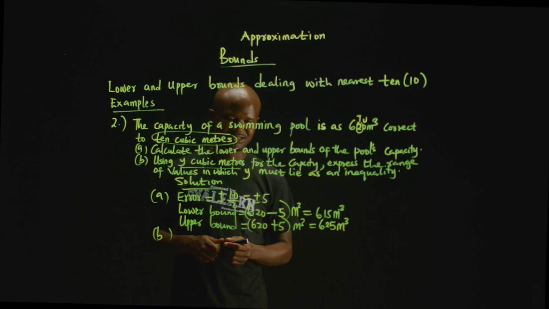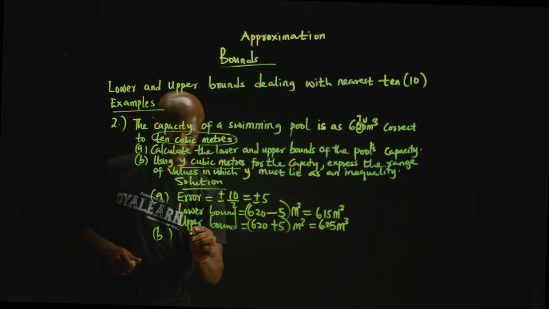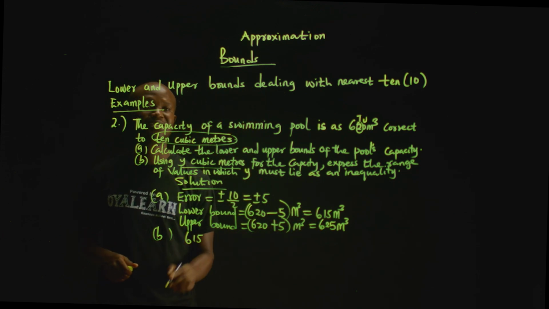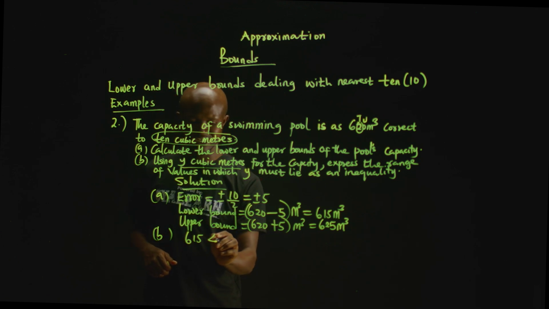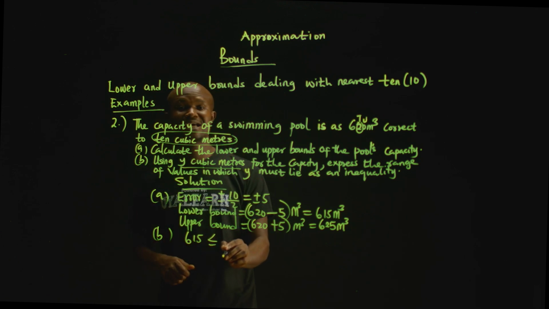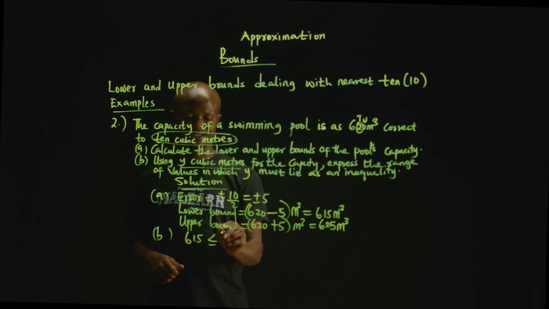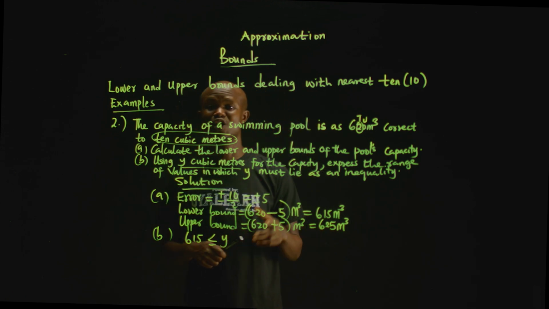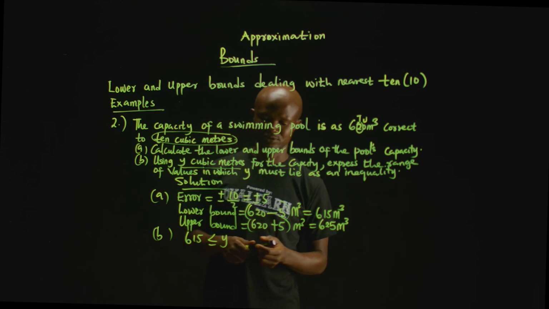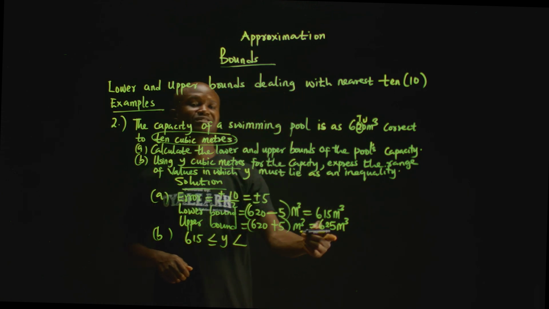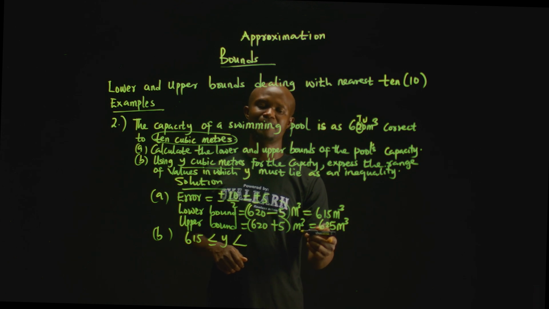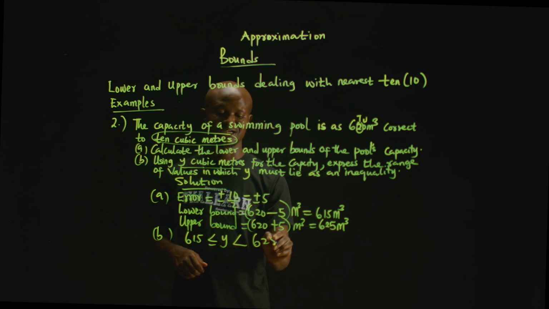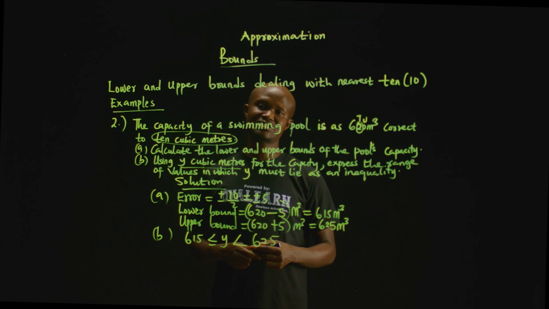So in this case, we have our lower bound, which is 615, less than or equal to Y, because Y represents the capacity of the pool, and Y is strictly less than the upper bound, which is 625. That is the solution to the problem.